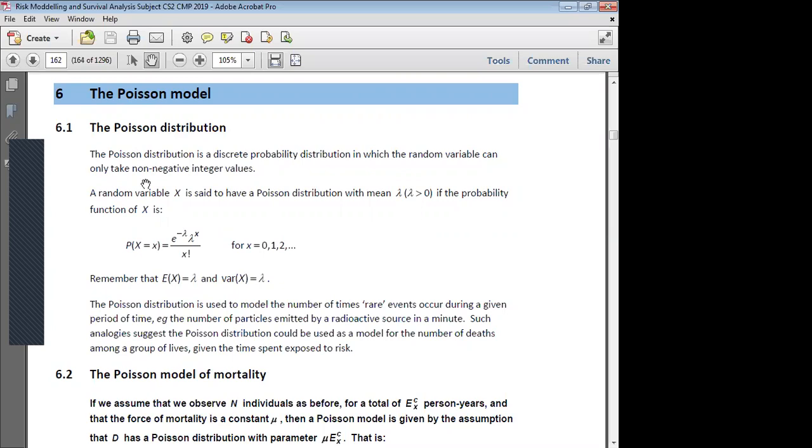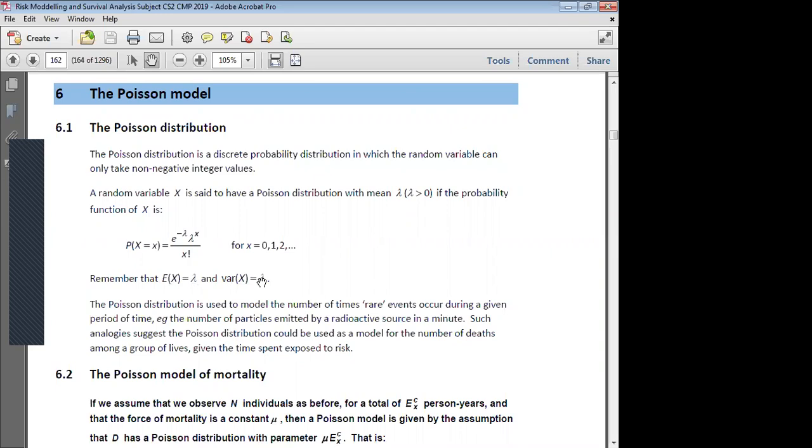Not to remind you, but we've already done this a lot of times. If I'm looking at the Poisson distribution, its PDF looks something like this, and I have my expectation as lambda and my variance as well as lambda. Now, I'm going to assume that the number of deaths I observe follows a Poisson distribution, and that is an assumption.